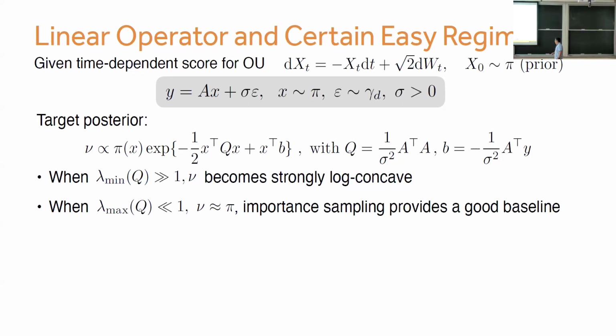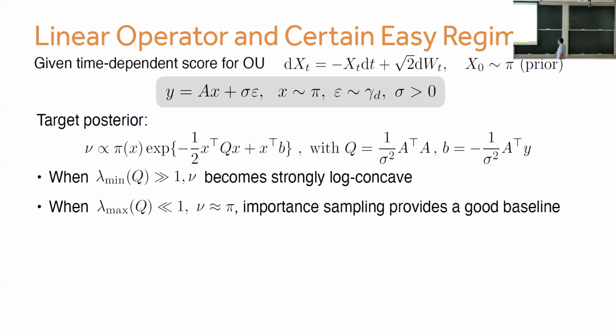In another extreme case, when the largest eigenvalue of Q is very small, which means your measurement is very weak, you barely observe much information from your measurement. So you can imagine in this case, the posterior distribution will be very close to the prior distribution because you do not get much more information from the additional measurement.